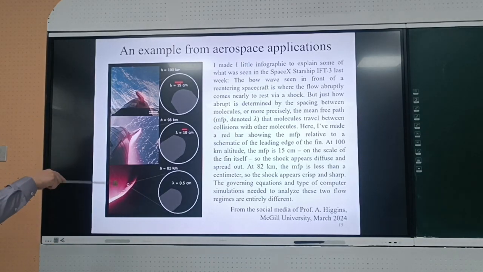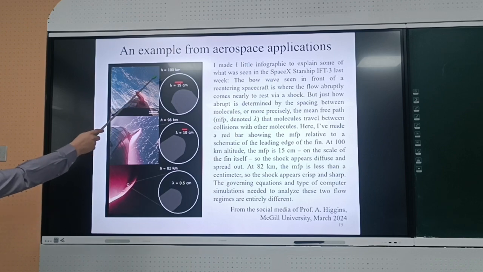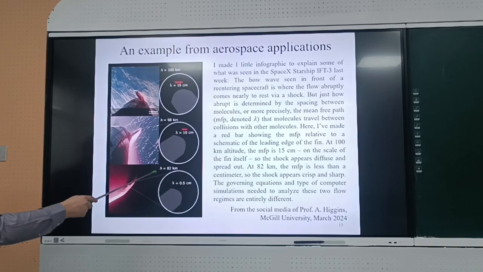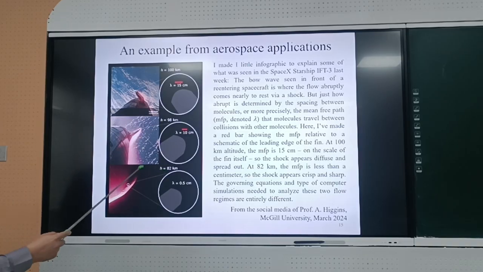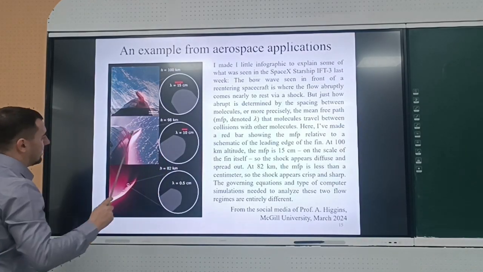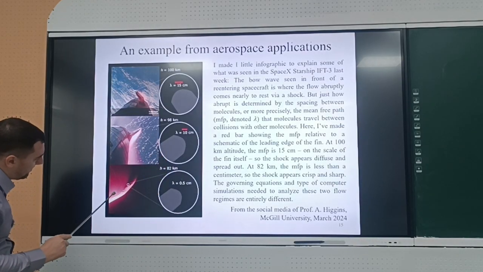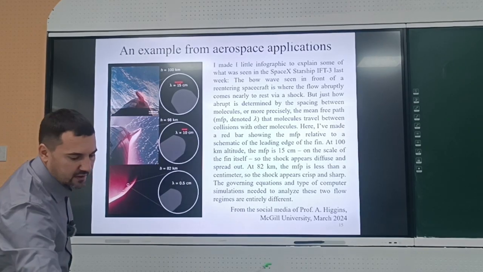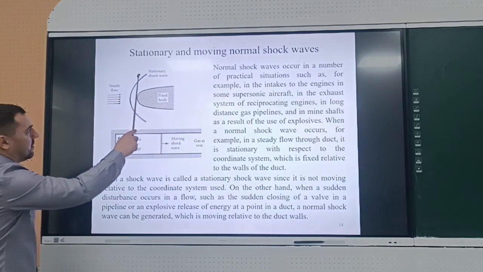This is a series of snapshots for different altitudes: 100 kilometers, 98 kilometers, and 82 kilometers. This structure is the body of the aircraft, and this red line corresponds to the bow wave. It is also called the bow shock wave.